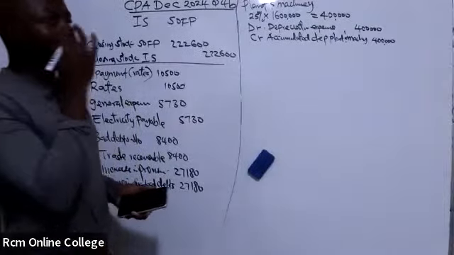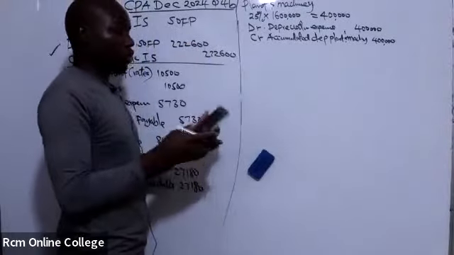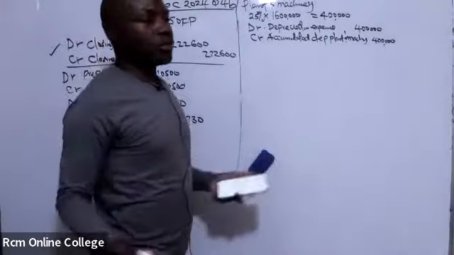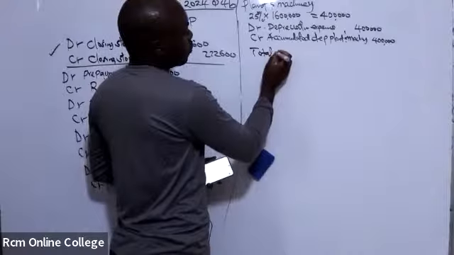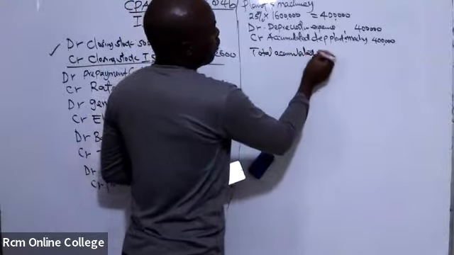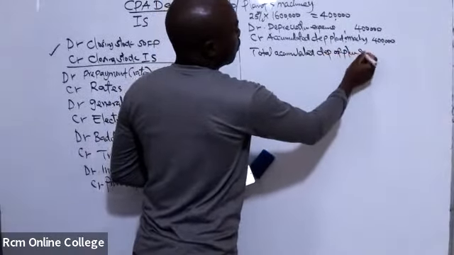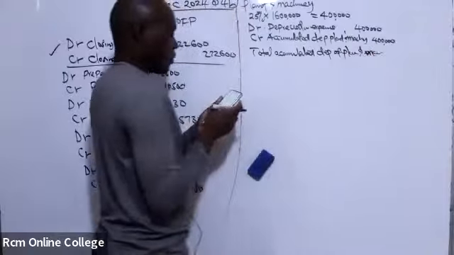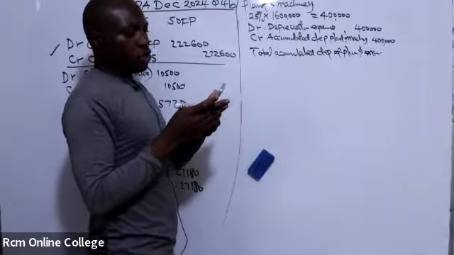Are you able to get the net book value? Yes. Look at the opening accumulated depreciation of plant and machinery.